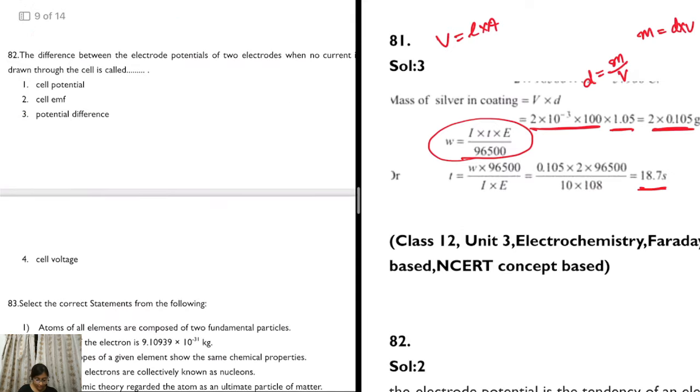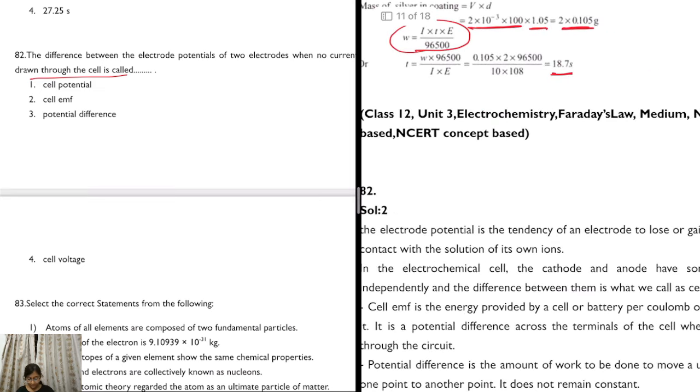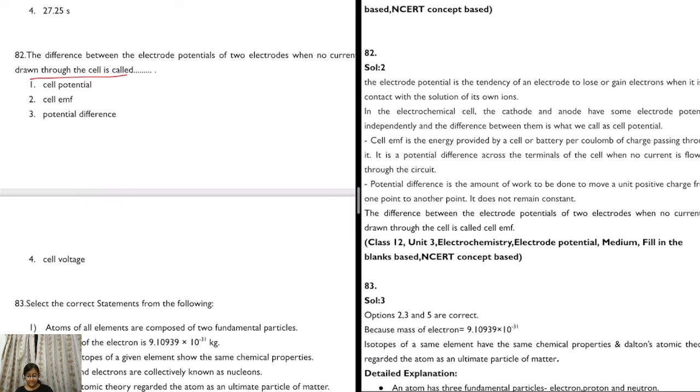The difference between electrode potentials of two electrodes when no current is drawn through the cell is called. See here, what is electrode potential first of all? It is the tendency of an electrode to lose or gain electrons when it is in contact with the solution of its own ions.